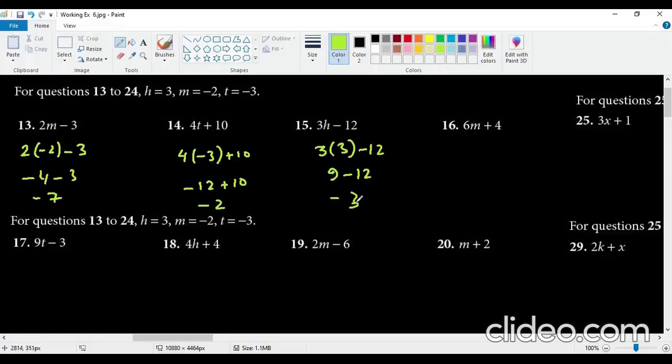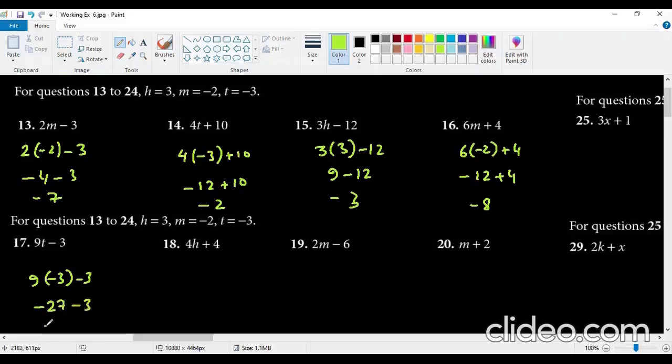So 6 times m, which is negative 2, plus 4. This gives you negative 12 plus 4. That means negative 8 is going to be your answer. When it comes to 17, it says 9 times t, which is negative 3, minus 3. So this gives you negative 27, negative 3.